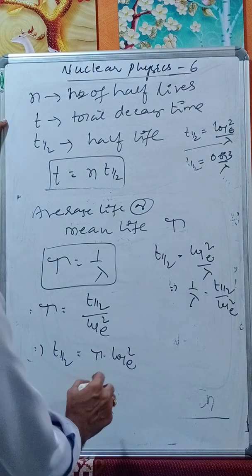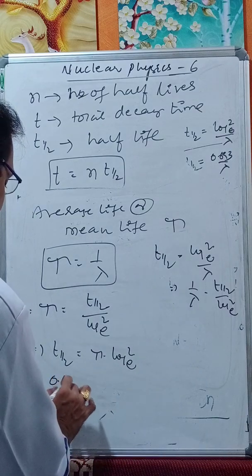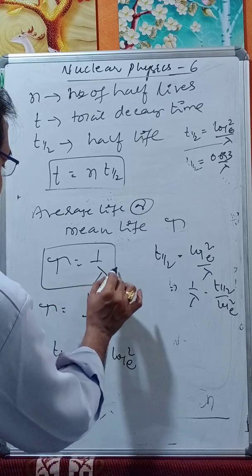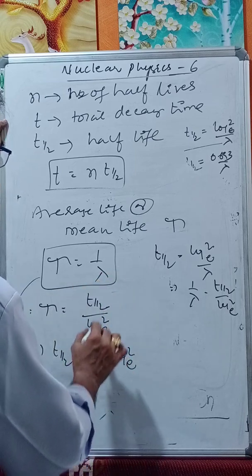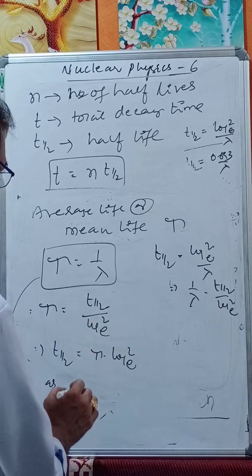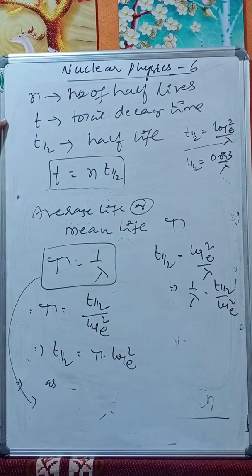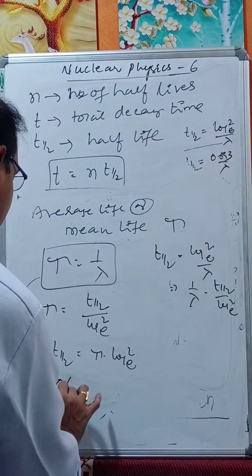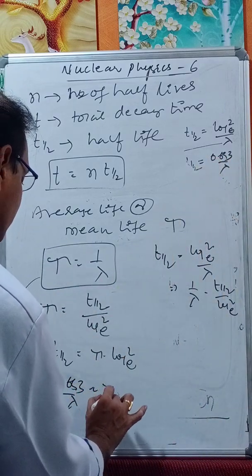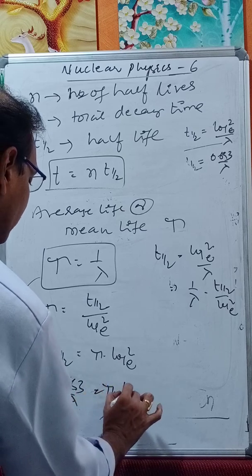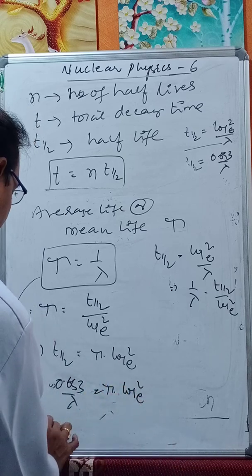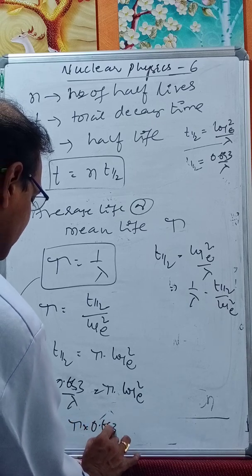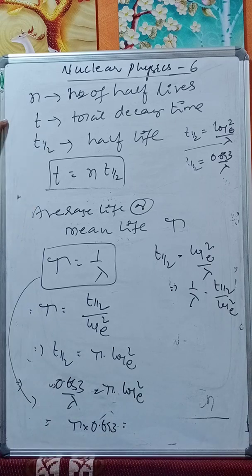This is another expression, and T half is equal to 0.693. As tau is equal to 1 by lambda, T half is equal to 0.693 by lambda, which is equal to tau into 0.693.